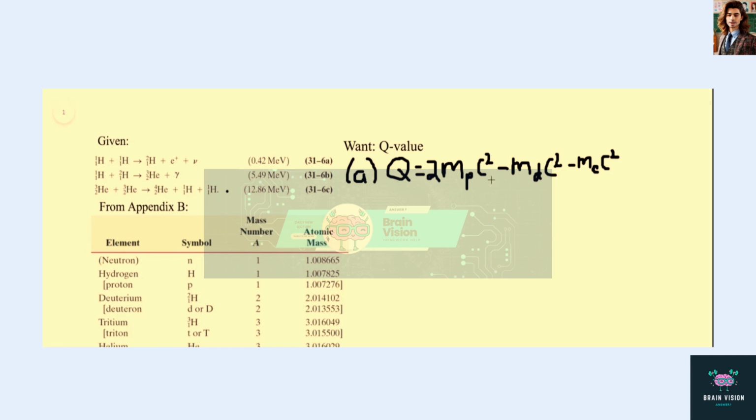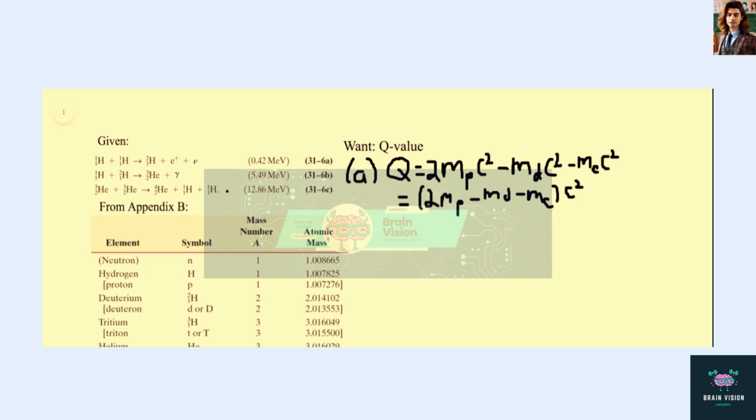And now we can see the c squared is present in every term, so we can factor that out. So I'll just quickly rewrite this. And now we want to look at our numbers from Appendix B to fill in the values.